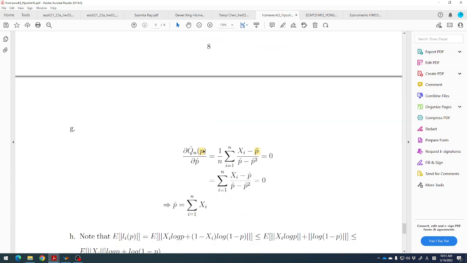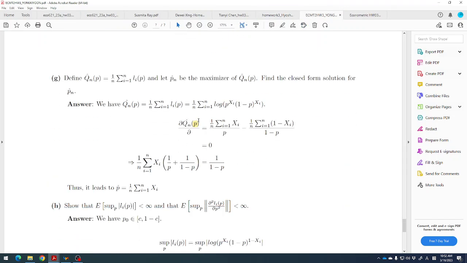Let me see. Here, G, notation mismatch. And the first order condition should have some condition. If P hat is the maximizer, then the derivative at P hat should be 0, something like that. Same thing, P suddenly becomes this. So notation mismatch.